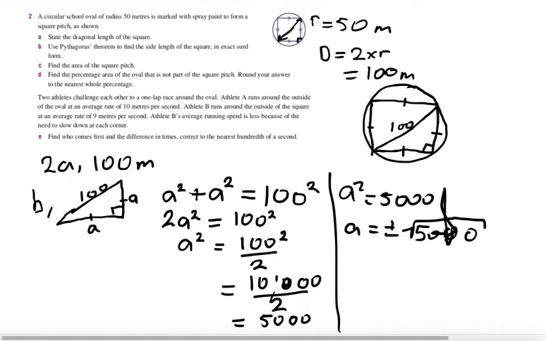However, the question tells us to find the length of the square in exact surd form. So A equals root 5,000 metres. It's plus root 5,000 because we can't have negative length, obviously. All right, so moving on, I'm just going to erase these things so we've got some more space.